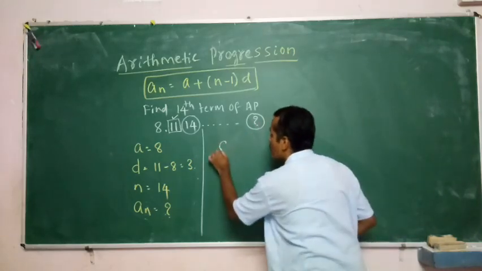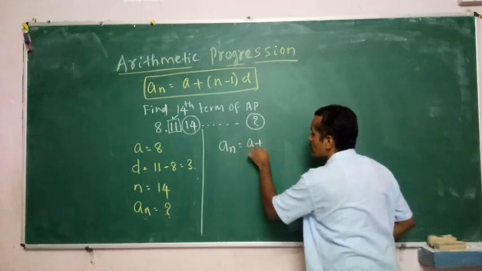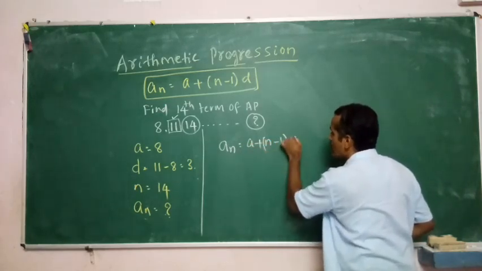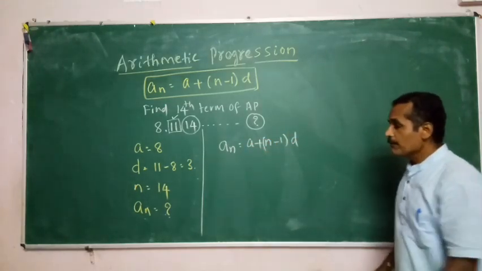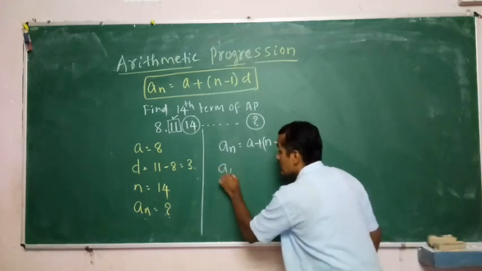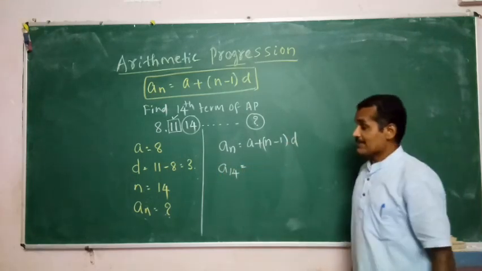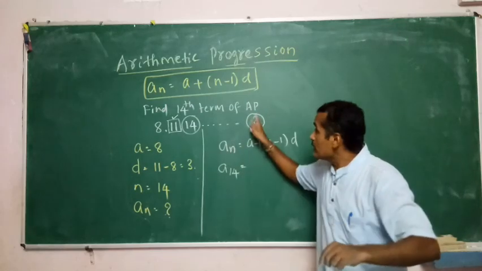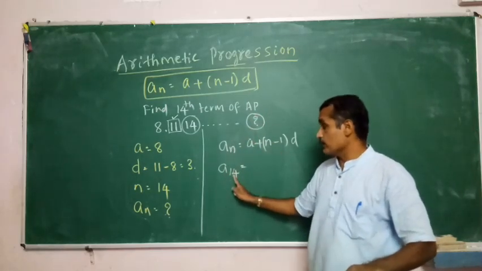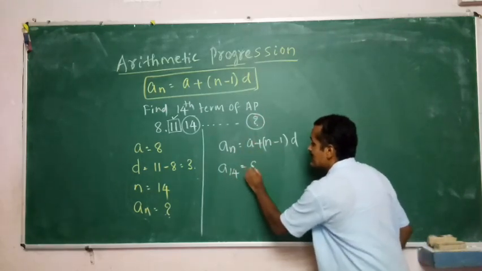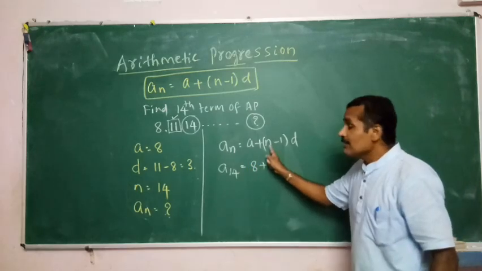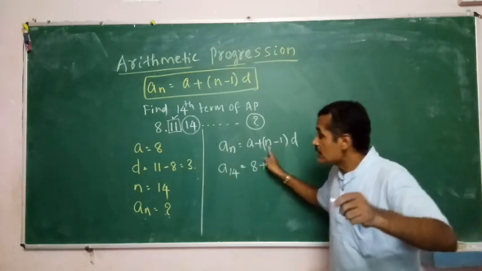Come on, apply the formula. An is equal to A plus n minus 1 into D. I have to find A14, the value in the 14th place. A is 8. N means number of terms.